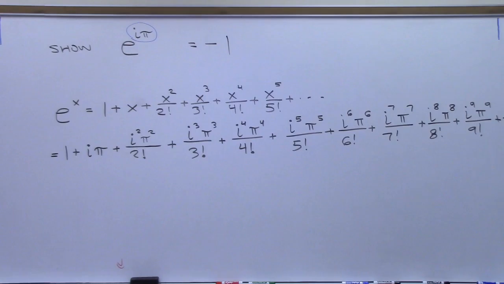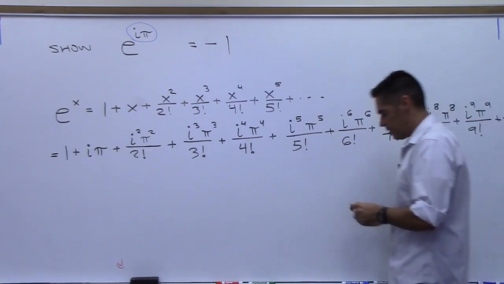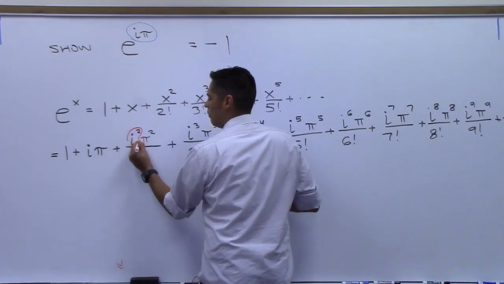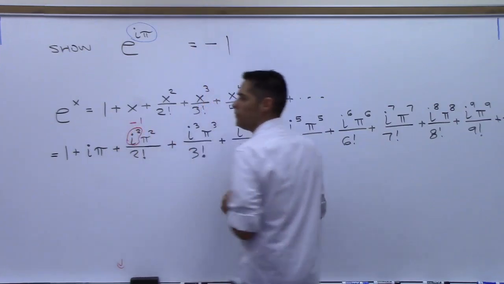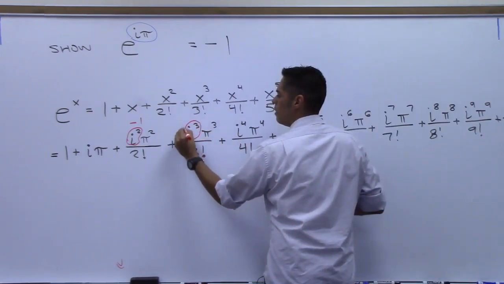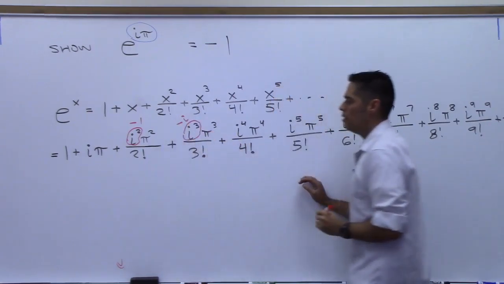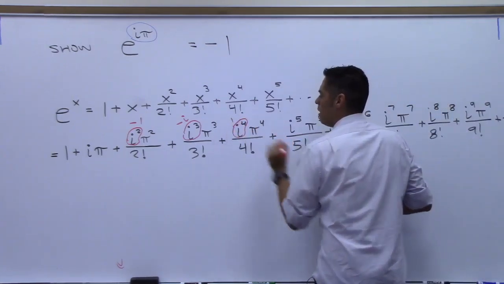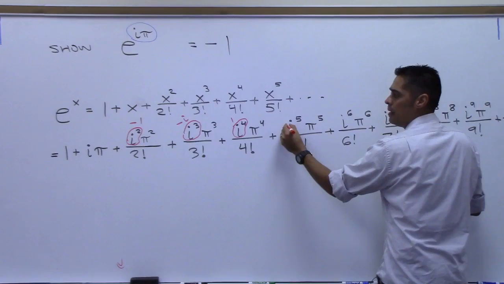Now that looks terrible, but let's just discuss these i's. What is this one right here? -1, right? What is i cubed? Negative i, right? What is i to the 4th? 1. Now it starts repeating, right?